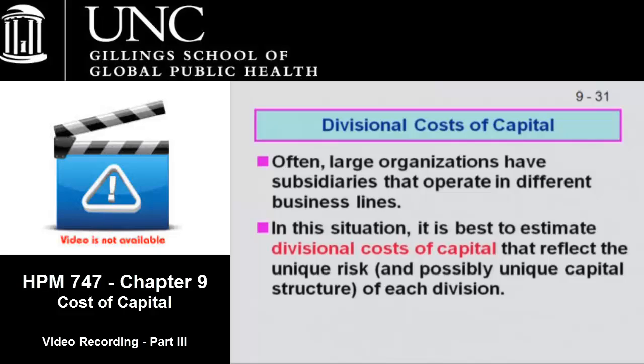Divisional cost of capital. Often large organizations have different divisions that operate in very different business lines, different markets. GE, for example, is in electric generators, it's in computers, it's in leasing, it's in all kinds of different companies. They will often have different costs of capital depending on the division.